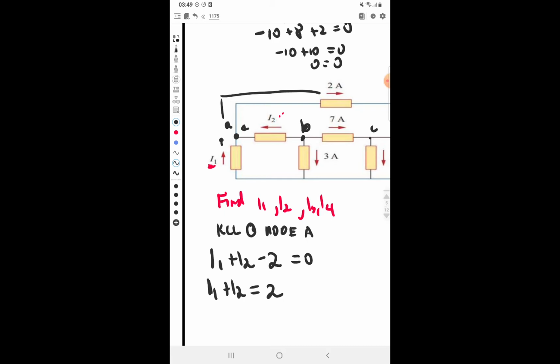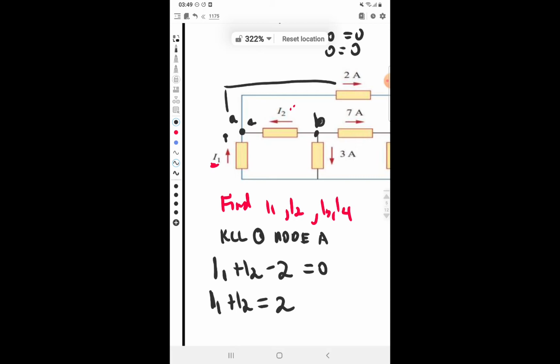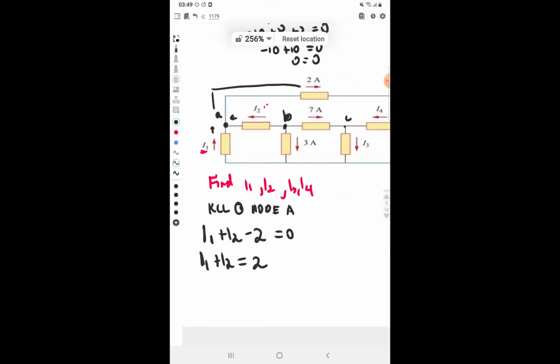Pero pag nakakuha ka ng unknowns, let's say I1 and I2, tapos pag pinag-add mo silang dalawa, and then i-less mo yung 2, hindi equal sa 0, ibig sabihin, may mali sa current diagram mo, or may binaligtad kang current direction sa middle ng calculation, or nagkamali ka sa pag-compute. Yun lang yun. Okay? So, nag-KCL tayo sa node A natin. So, you have I1 plus I2 is equal to 2.